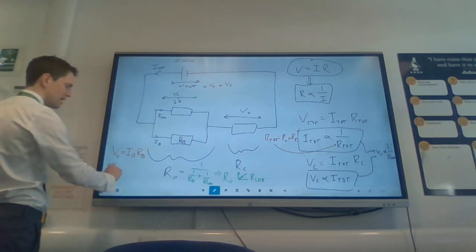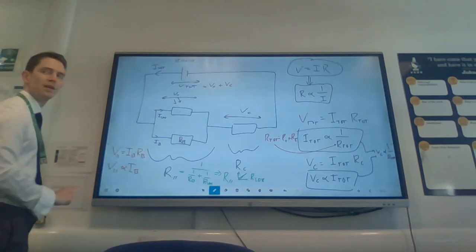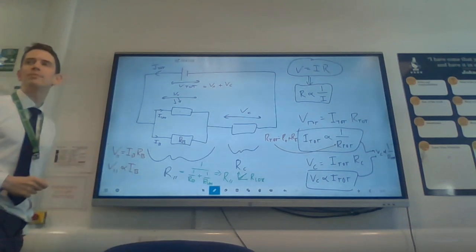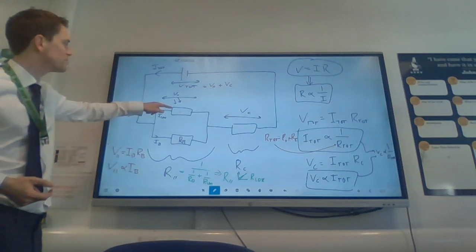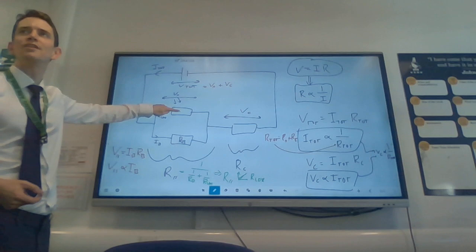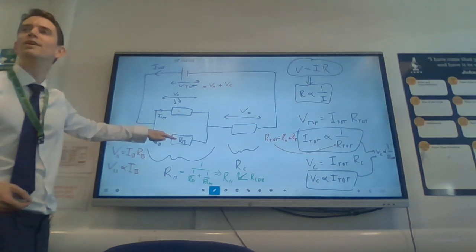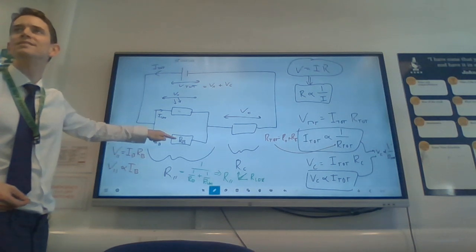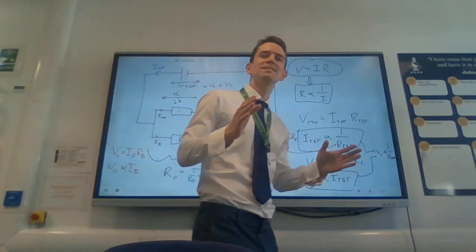That's constant, therefore these things are proportional. If that's gone down, what's happened to IB? It's gone down. Okay, so if we decrease the resistance here, then our current through here decreases. Yeah? Massive chain of things.